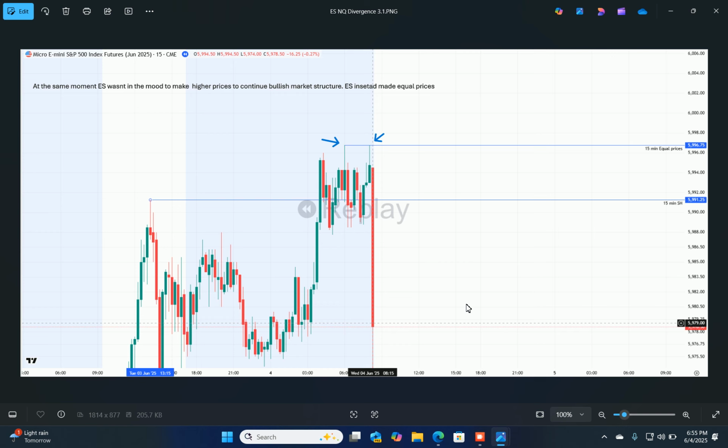Now the ES at the same moment wasn't in the mood to make higher prices to continue bullish market structure. ES instead made equal prices. This is the 15-minute swing high that ES traded above and made higher highs, just like the NQ.